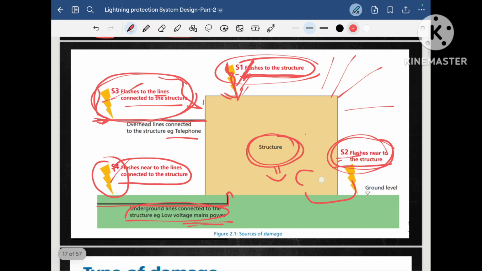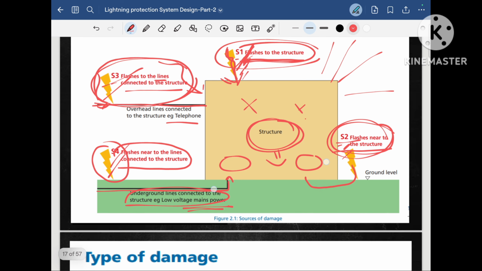Or suppose there is some oil tank or chemical gases released due to this strike, then also there is a possibility of damage and loss of living beings. So it's not only the S1 flash, but also the S2 flash can cause loss of life. Not only S1 and S2, there is a chance that S3 and S4 could also risk the life of the human being or stray animal inside that building.